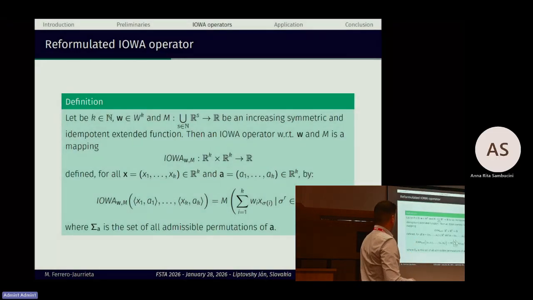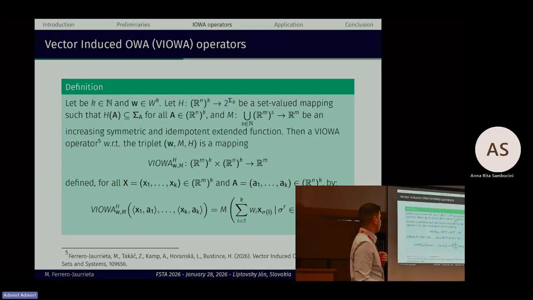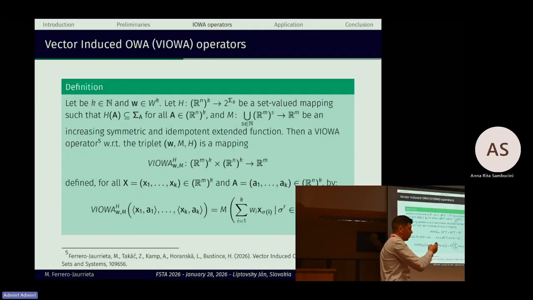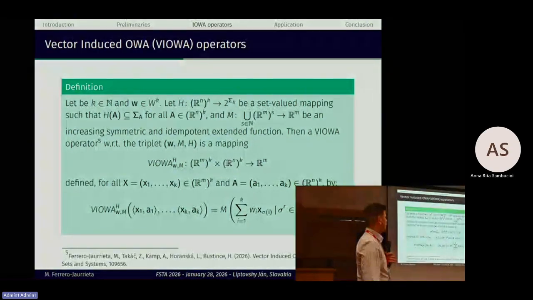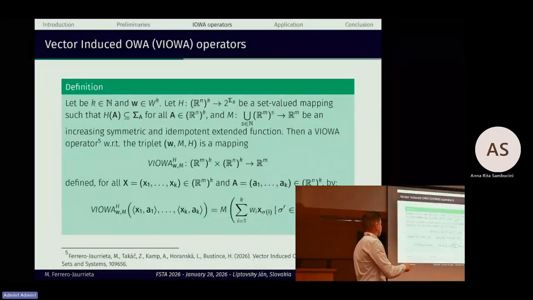Okay, taking this reformulated operator, we present the vector IOWA operator, where we take into account a natural number, a weighting vector, and also an H, which is a set-valued mapping.